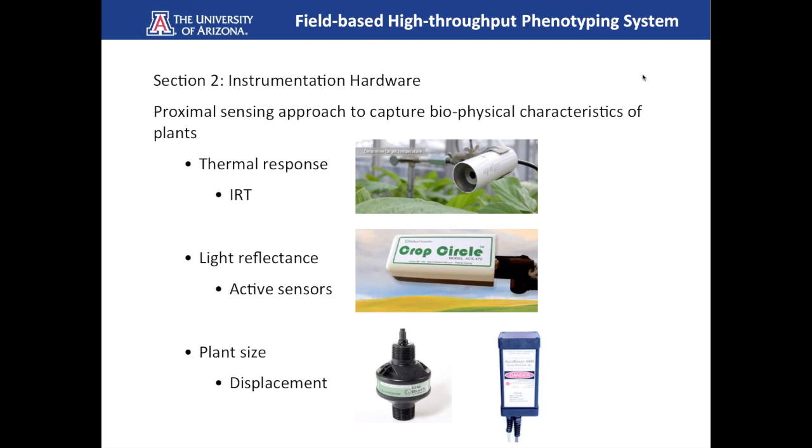We also measure something on the architectural characteristics of the plant. We use displacement sensors like this ultrasonic sensor on the bottom of this slide, and we have only one dimension captured, so we can determine plant height very easy.